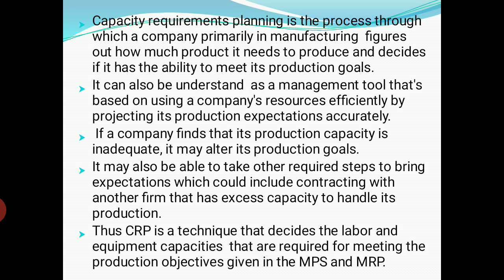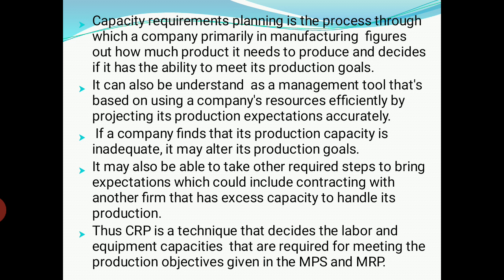Now CRP is the process through which a company, primarily in manufacturing, figures out how much product it needs to produce and decides if it has the ability to meet its production goals or not. It is a kind of roadmap, right, through which a company comes to know whatever the expected manufactured products are, and this is a scheduled manufacturing.